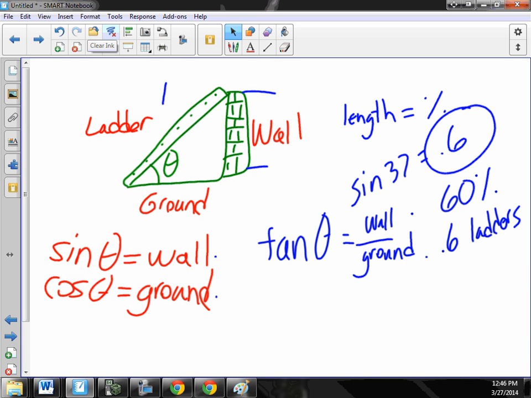So if we want to extend theta to angles bigger than 90, that will destroy the right triangle. But first you have to know how to make angles bigger than 90. What's the biggest angle you can think of? 360. What's the smallest angle you can think of? 0. Anybody in here a skateboarder or snowboarder?